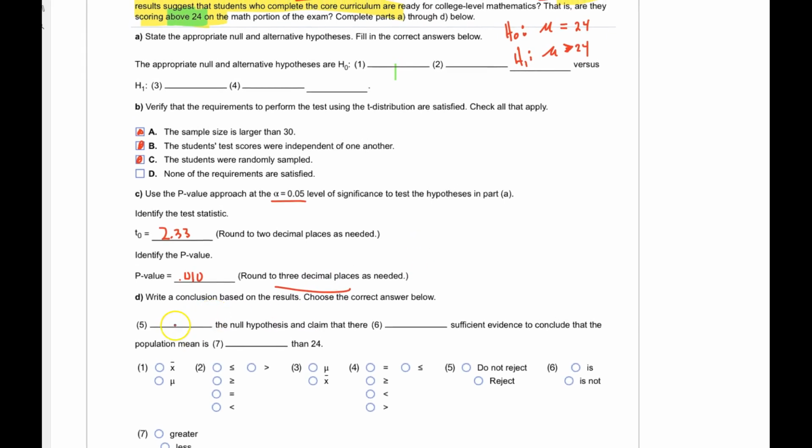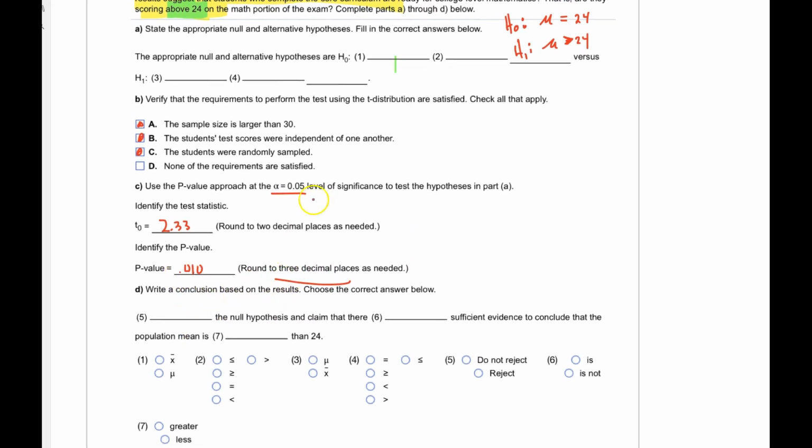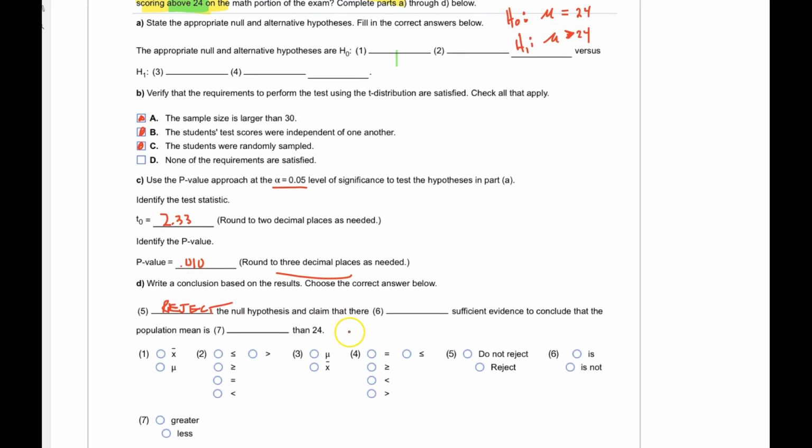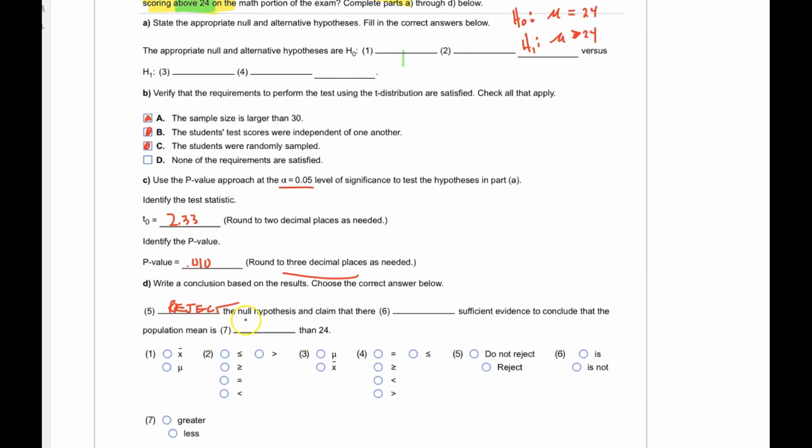So in this case, since the p-value is smaller than alpha, we reject the null hypothesis.